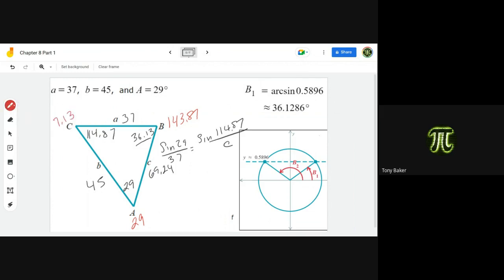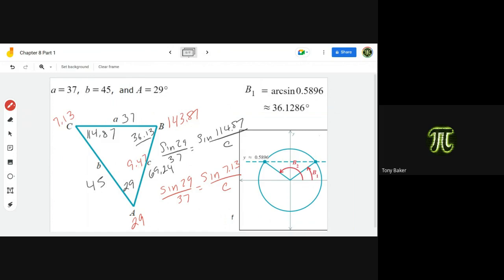All right. Now we're going to do the exact same thing, except I'm going to use the 71.13. So we do sine of 29 over 37 equals sine of 71.13 over C. A regular question says that would work for both.